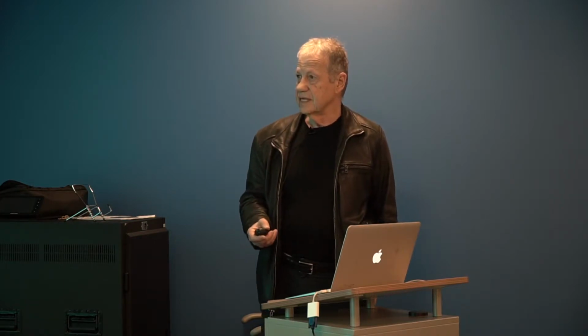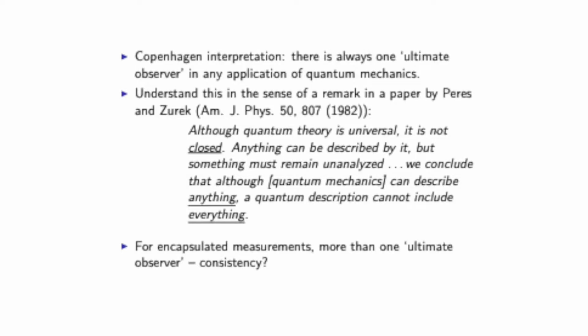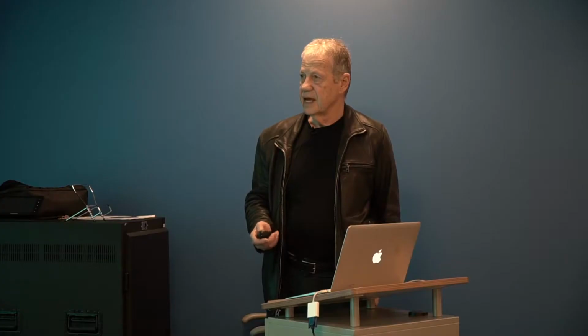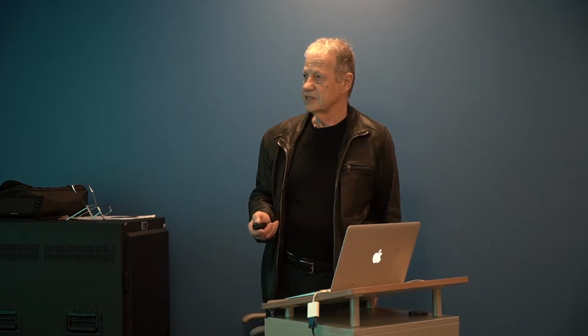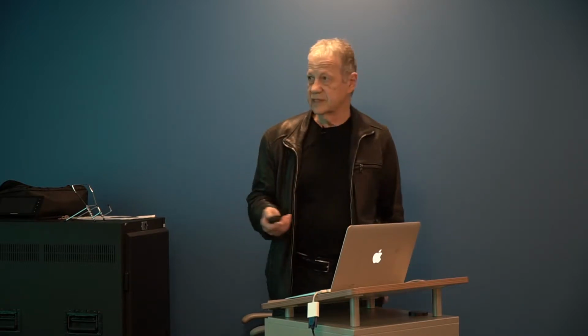Another reason, on the Copenhagen interpretation, there's always one ultimate observer in any application of quantum mechanics. And I want to understand this in a somewhat innocuous sense, just in terms of a remark in a paper by Paris and Zurich. Although quantum theory is universal, it's not closed.